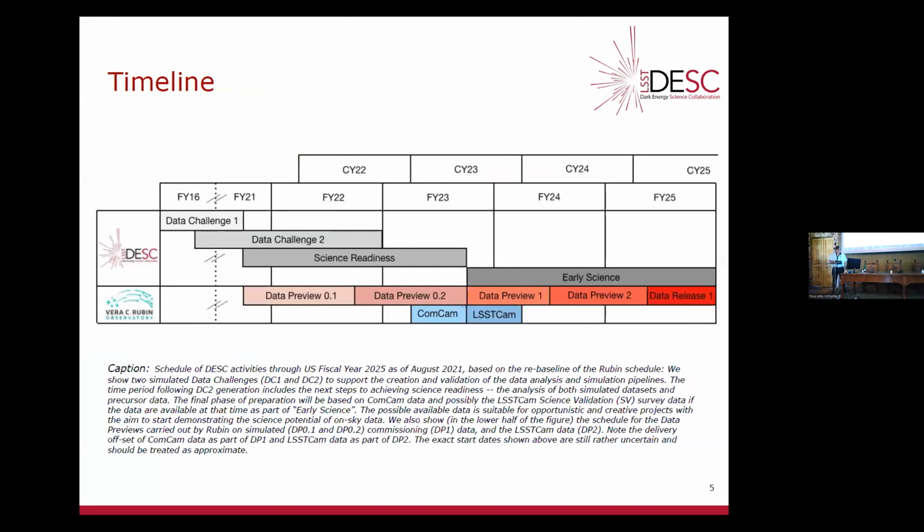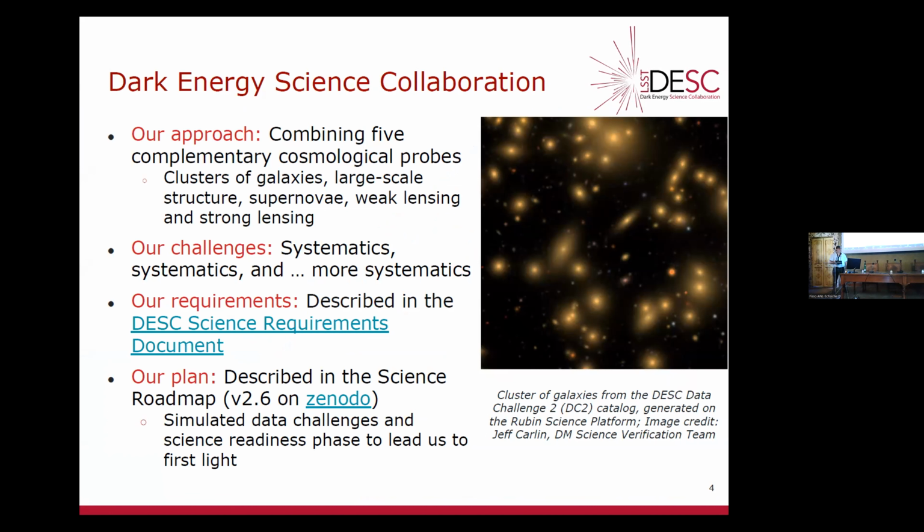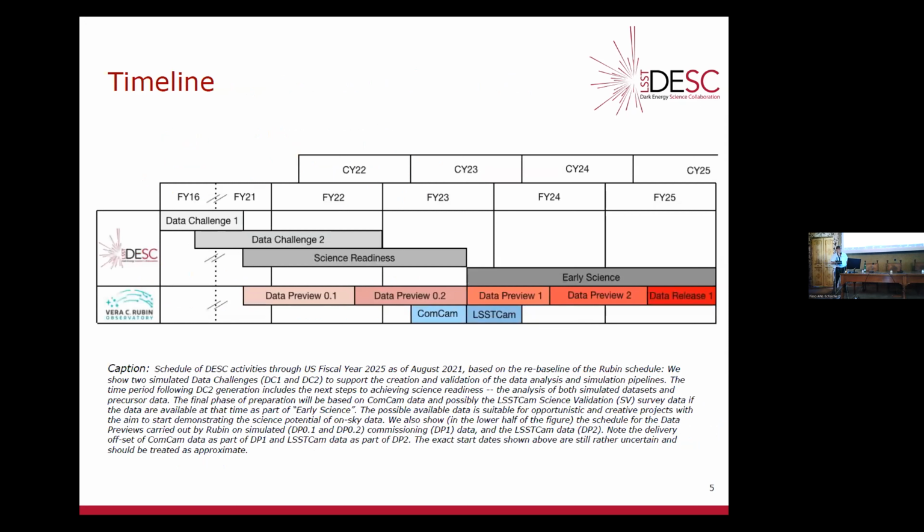If you want to see the requirements, they are inside the DESC Science Requirements Document, and the plan, which is updated on a regular basis, is also available online. The timeline is the following. As you can see, it follows the project timeline very closely.